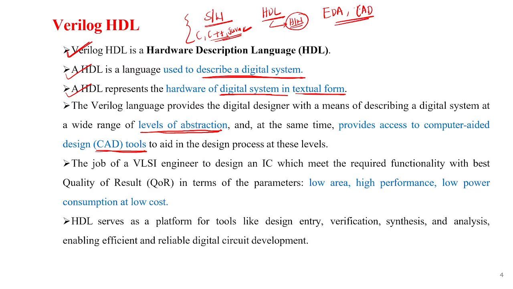For writing this Verilog code and simulating it, we use different types of CAD tools like Xilinx Vivado, and ModelSim. With ModelSim and QuestaSim we can also write the program, but QuestaSim we mostly use for SV and UVM.